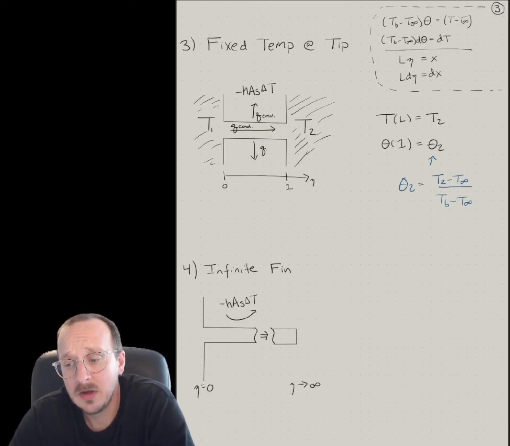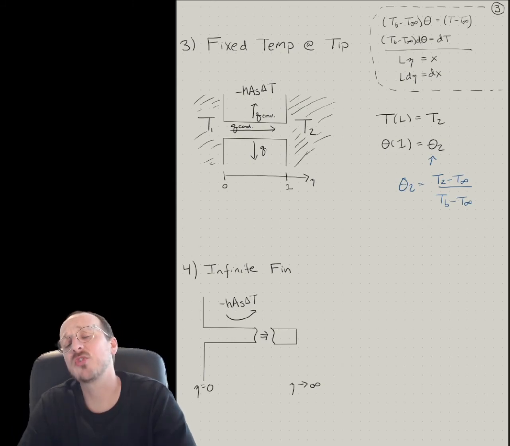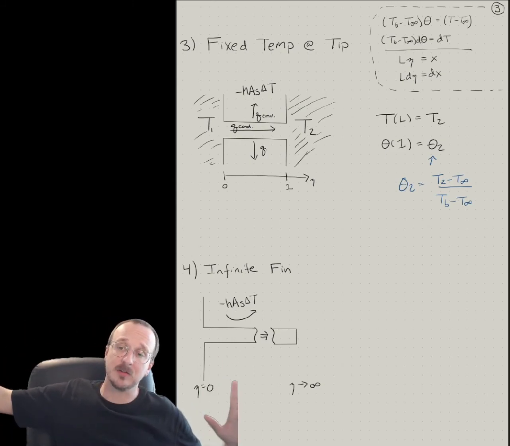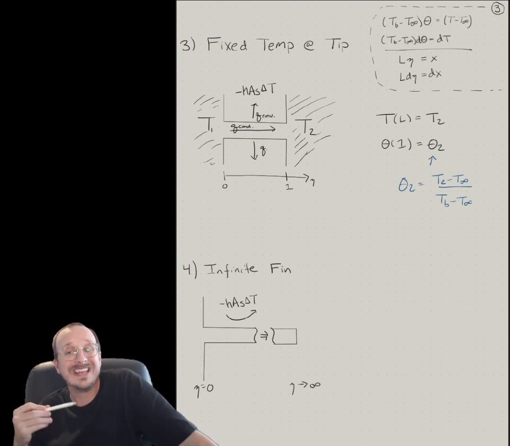Now, finally, our 4th boundary condition is an infinite fin. This sounds crazy, but if you had a fin that's infinitely long, and it's not that crazy because it turns out that the math can be a little bit easier if you assume it's infinite. You just need to prove to yourself when you can assume the fin is infinite.